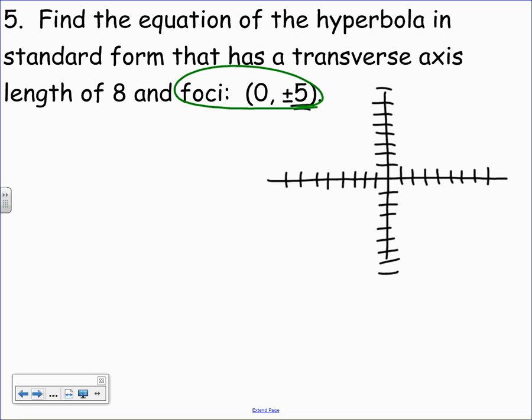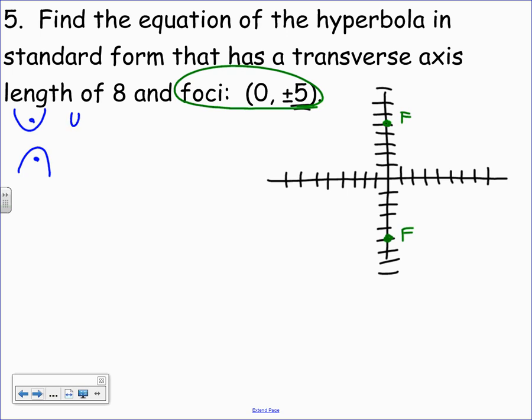So a focus at 0, 5. 1, 2, 3, 4. This is a focus, and this is a focus. Right away, I automatically know that my graph should look like this because I have a focus and a focus.